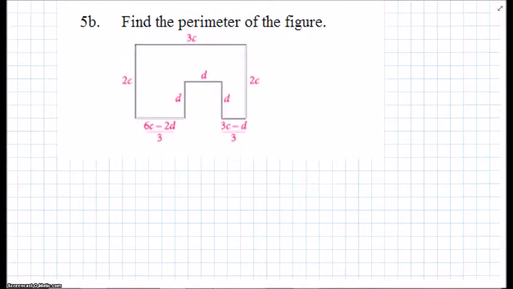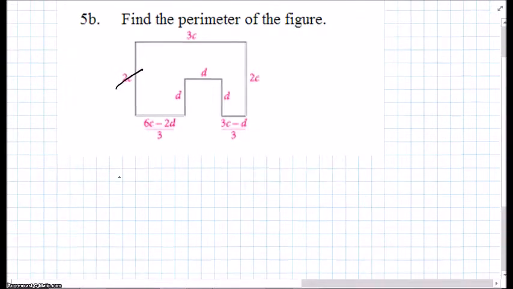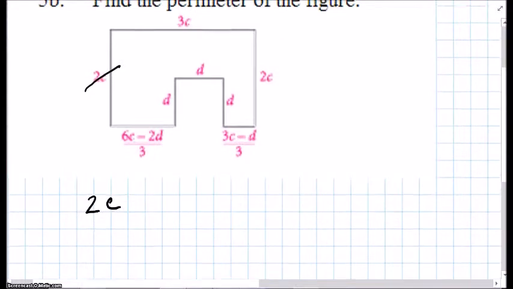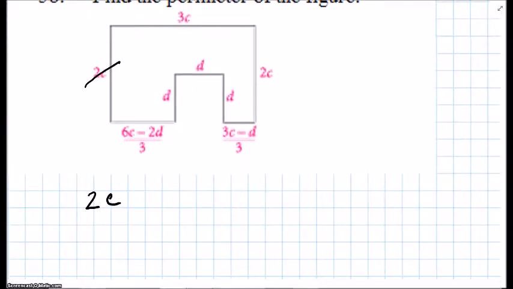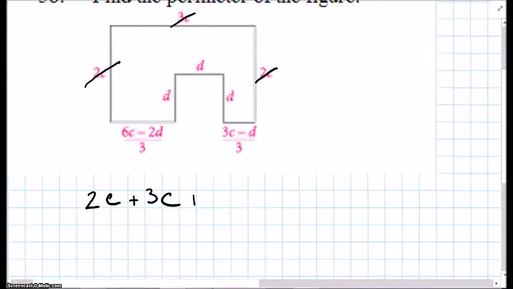Alright, example 5b. Find the perimeter of the figure. Okay, we're going to try to speed this up a little bit. So I have 2c there, so I'm going to write 2c. Zoom in a little bit for us, make it a little easier. I see 3c, so I'm going to add 3c. I see another 2c, so I'm going to add 2c.